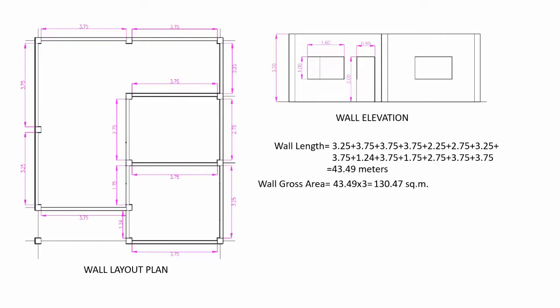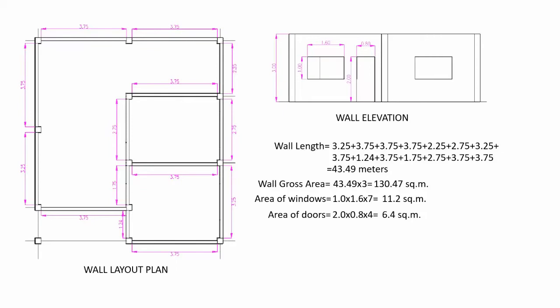Now we will compute the area of the windows. The dimension of the window is 1 by 1.6 and the number of windows is 7. So the area of the windows is 11.2 square meters. For the area of the doors, the dimension of the door is 2 by 0.8 meters times the number of doors, 4, which equals 6.4 square meters.